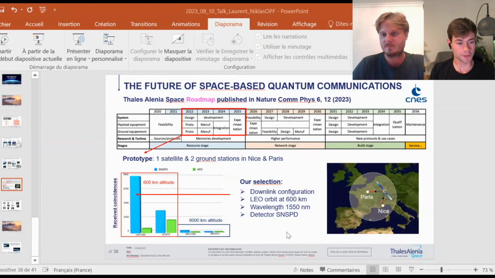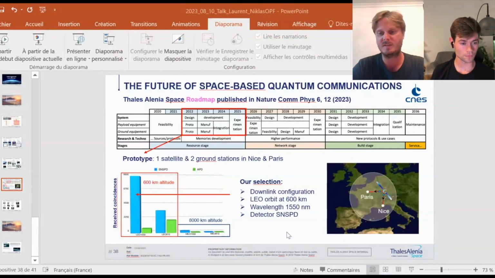Do you have a conceptual understanding for why that is? Yes, okay. You can compensate for the disturbance of the atmosphere by using adaptive optics.